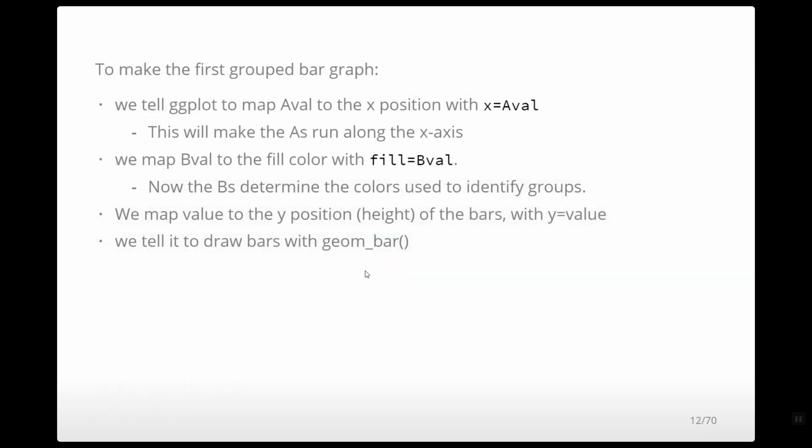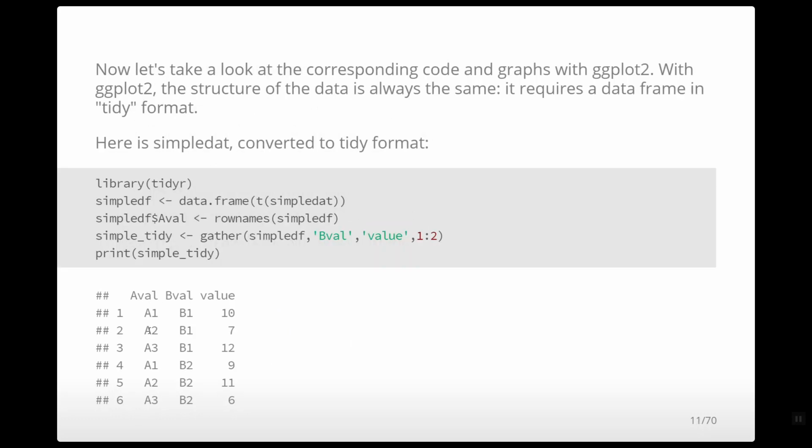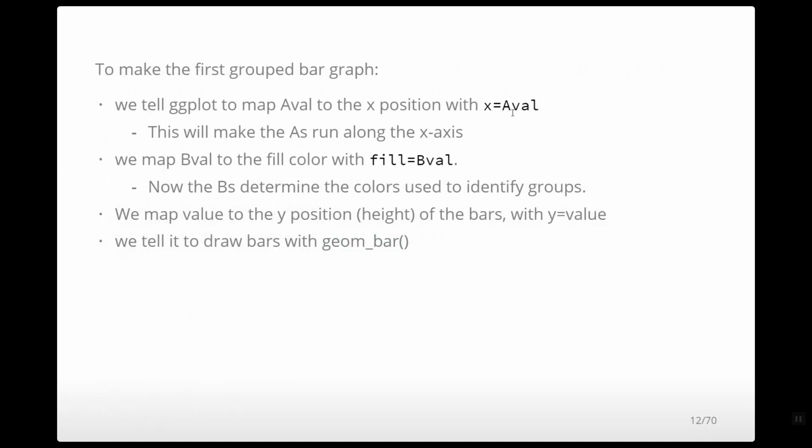Okay, and now we will make our bar graph, okay? And so what we will do is we are going to map the A variable to the X position, okay? So the A value gets mapped to the X position. That means on the X axis, I'm going to have one section for A1, a section for A2, and a section for A3, okay?